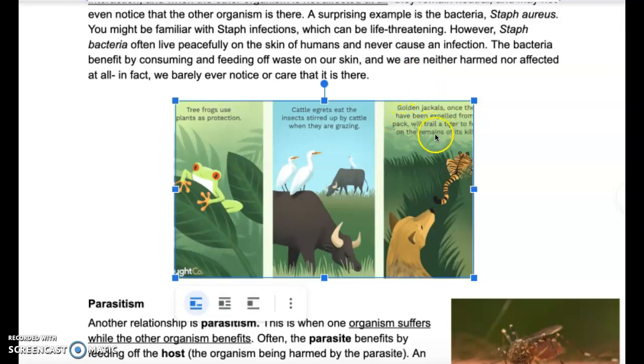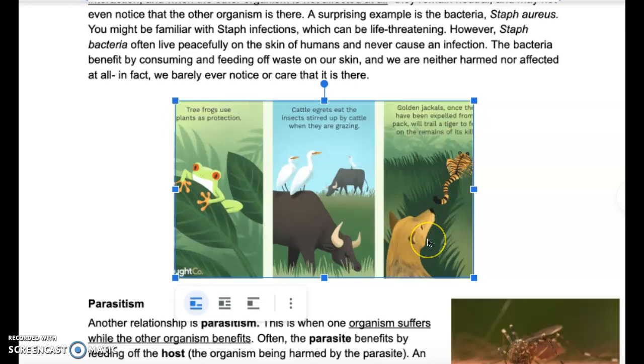Golden jackals will trail a tiger to feed on the remains of its kill. So this animal follows this tiger around, this jackal, right? Species 1, jackal. Species 2, tiger. So the jackal follows the tiger around while it's hunting, and it doesn't eat what the tiger is feeding on, but after the tiger's done, it'll eat the remains of whatever the tiger left behind.